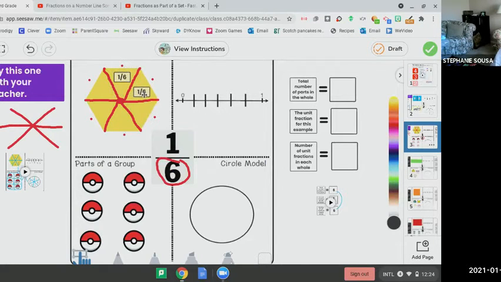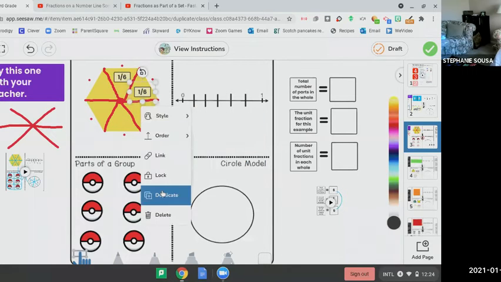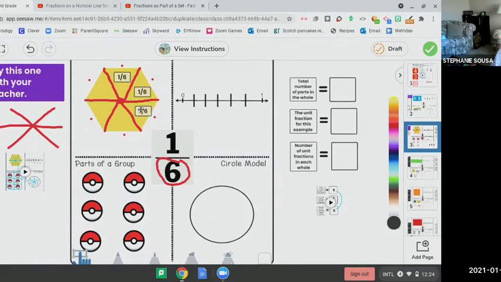Duplicate and move. Duplicate and move. Duplicate and move. Duplicate and move. Duplicate and move. Boom.